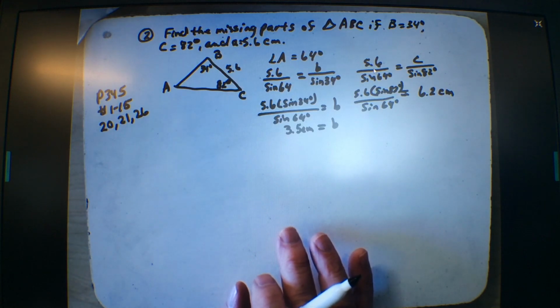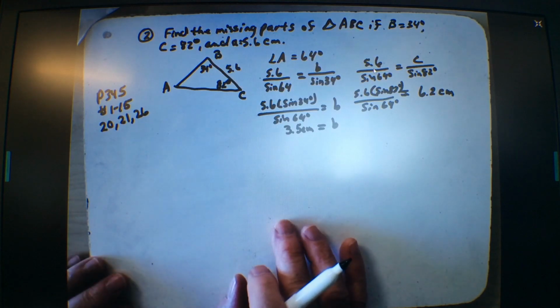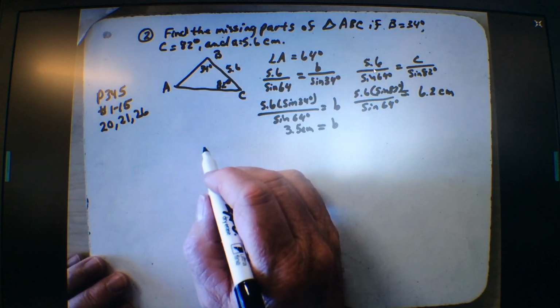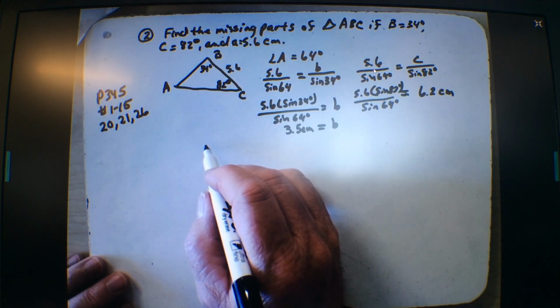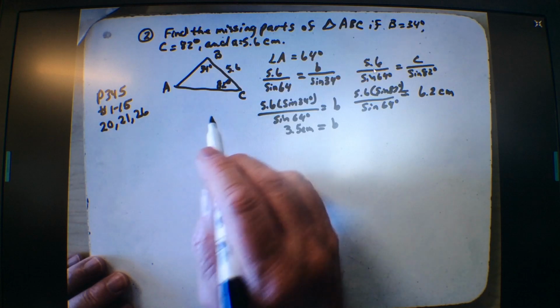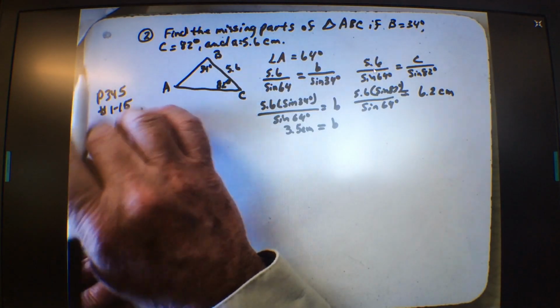But let's take a look at 21. Can I throw out B or 20?